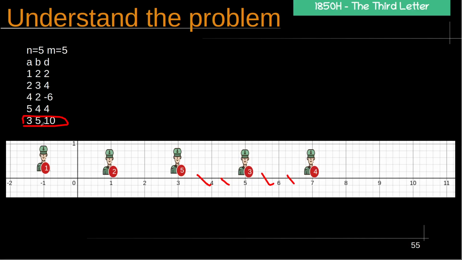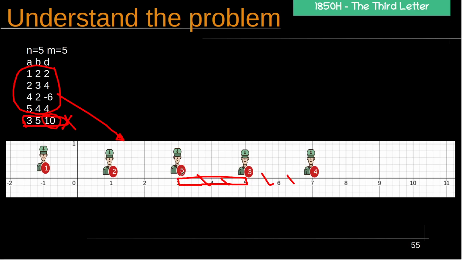This condition tells us that soldier 3 must be in front of soldier 5 by 10 units. But here, just by doing these conditions, we have this arrangement. So we cannot do this, because for soldiers 3 and 5, the distance between them is 2, not 10.